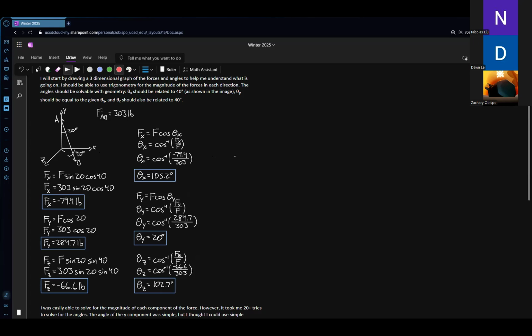Wait, isn't theta x just the angle from the force itself to the x-axis? If you look at the graph, we have this straight line.